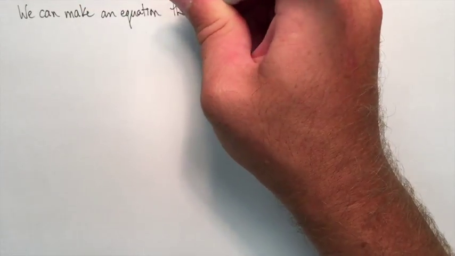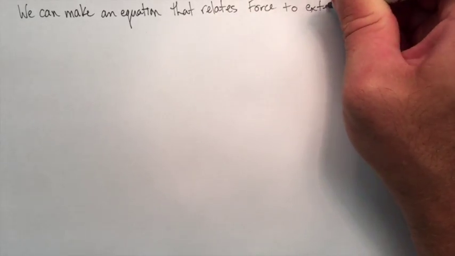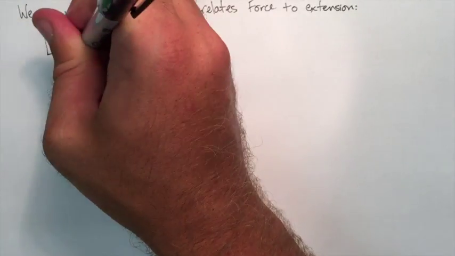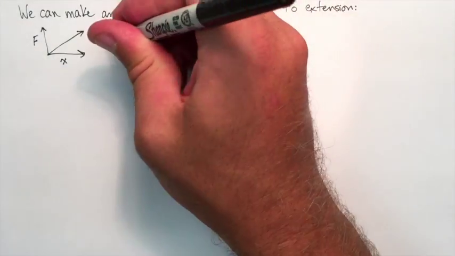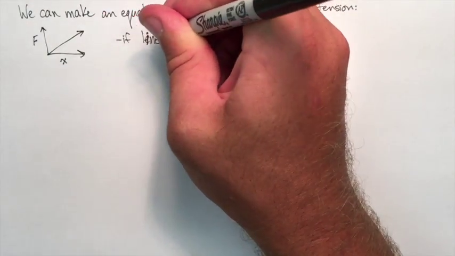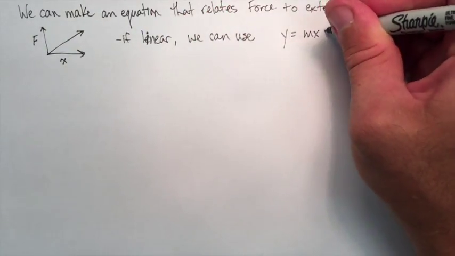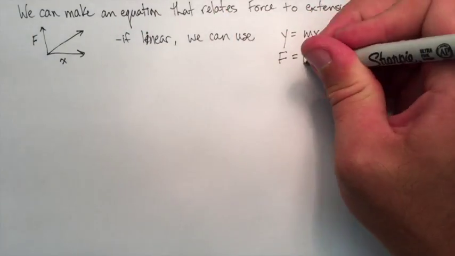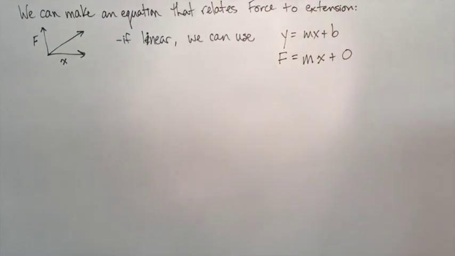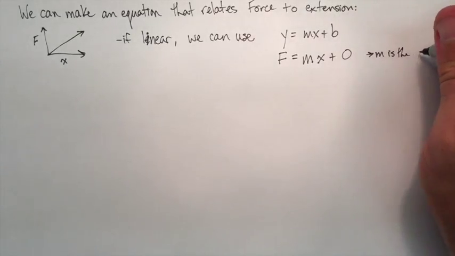So we can make a relationship between force and extension based on that linear line on the graph. If it's linear, we can use, from grade 9 math, y equals mx plus b, where on our y-axis we're measuring force, on our x-axis we're measuring extension, which we use the variable x, and our y-intercept was 0.